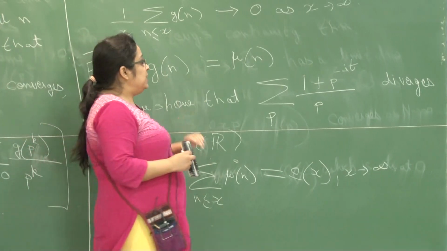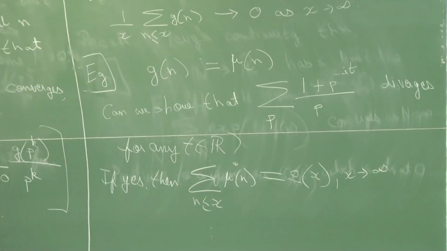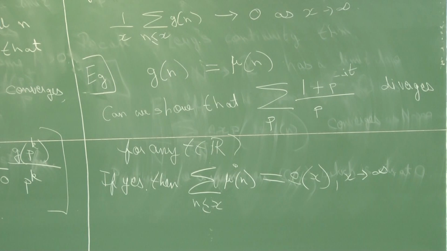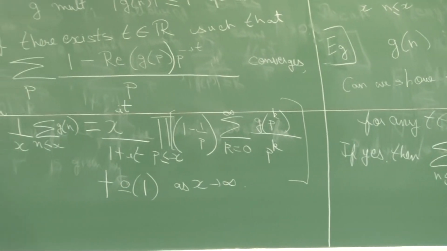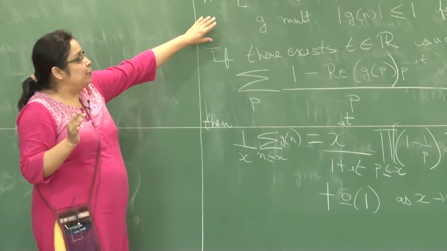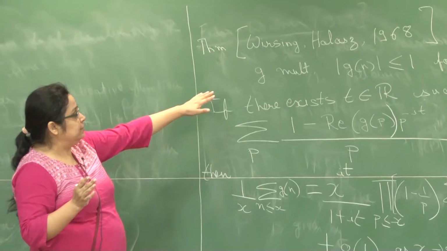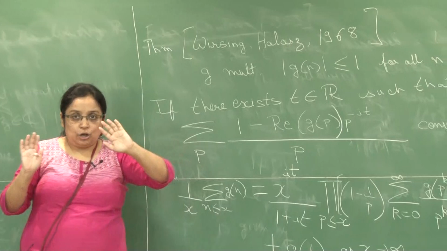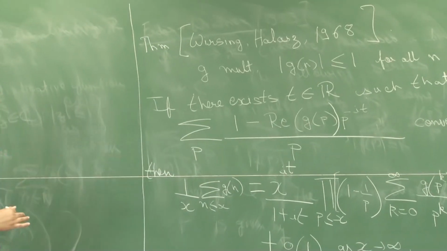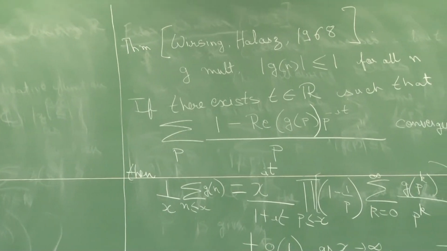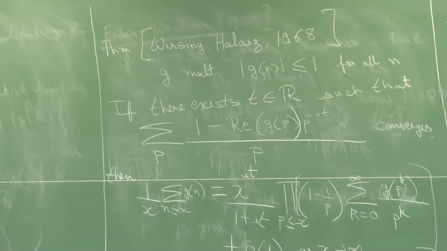Okay. Now, there is another nice theorem. These questions were studied in great detail, and it almost feels like an overkill to use this theorem for a real valued function, because we are taking all possible complex valued functions taking values in the unit disk and multiplicative, of course.